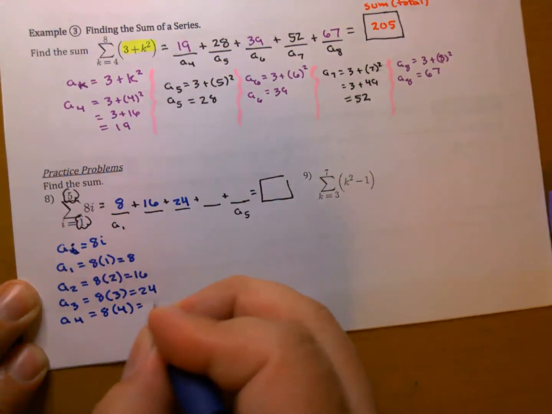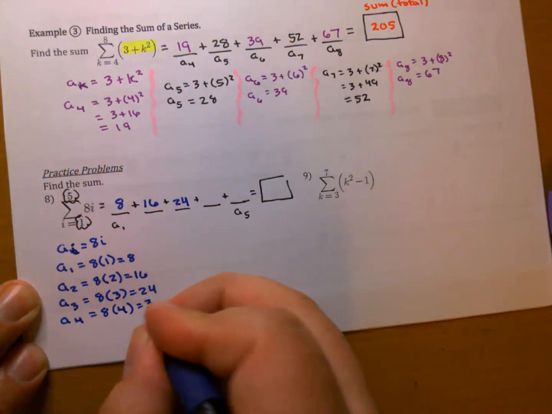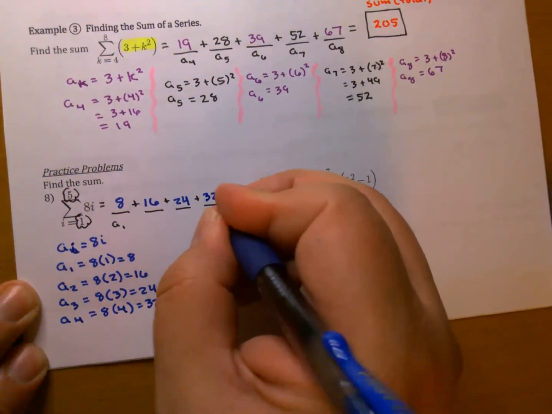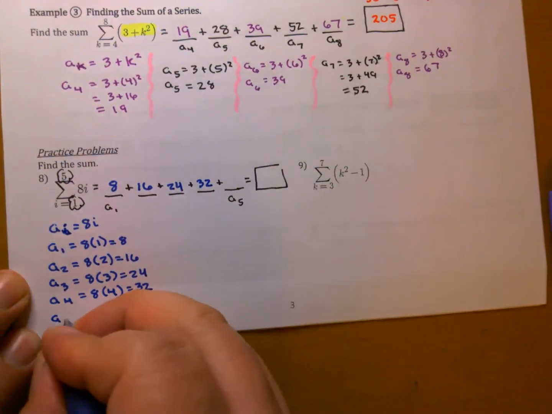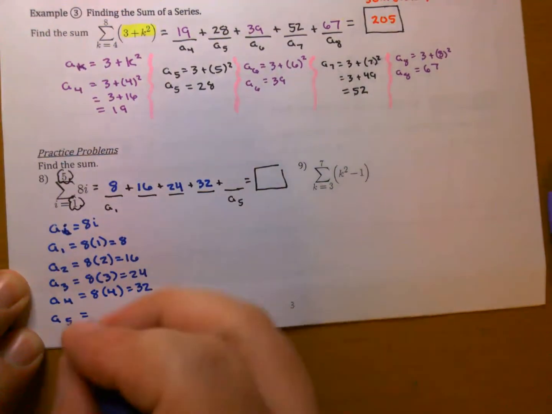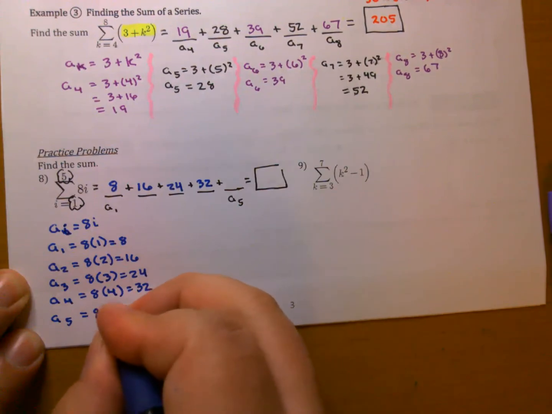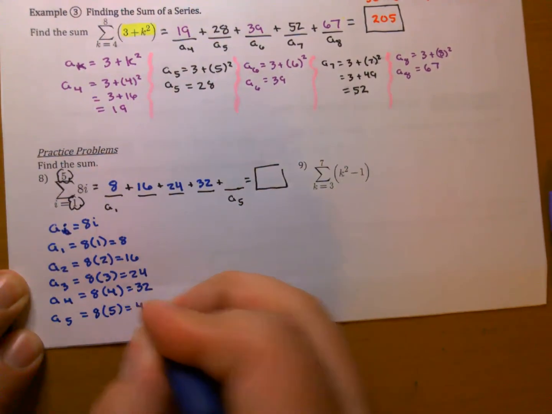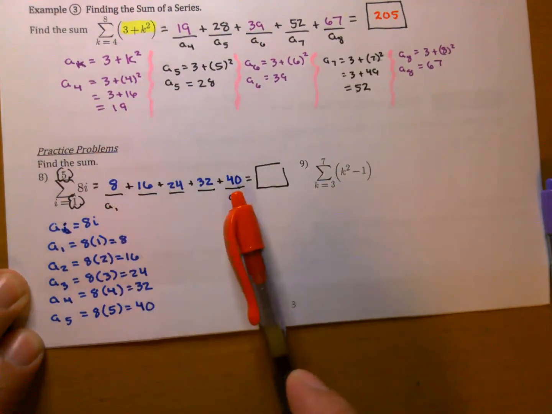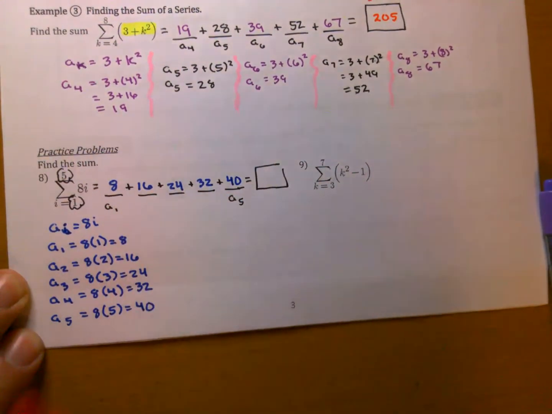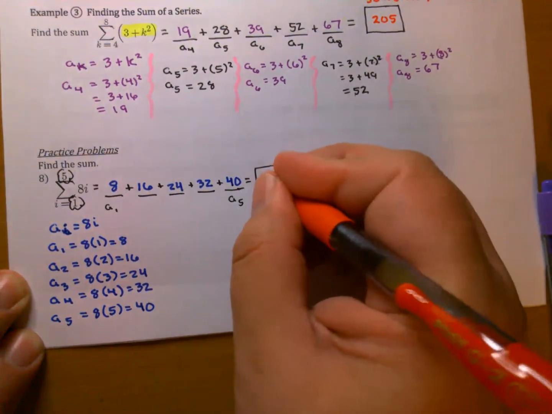So if you notice, it's just the multiples of 8, basically. So 32. And finally, of course, we have a sub 5, which I think you should already know it's going to be 40. But we'll make it official there and show the steps. So 40. And now, of course, all I have to do is just add up all these numbers very carefully, and I'll get a grand total of 120.